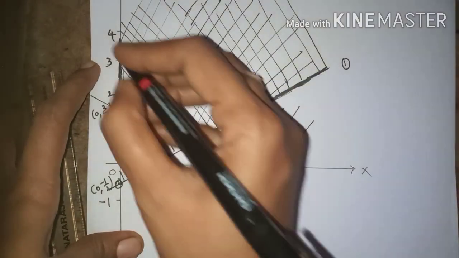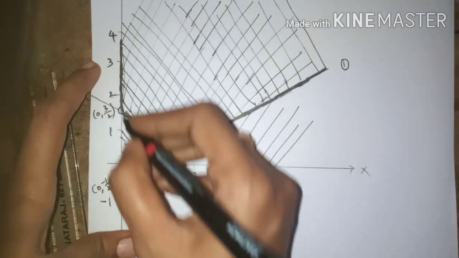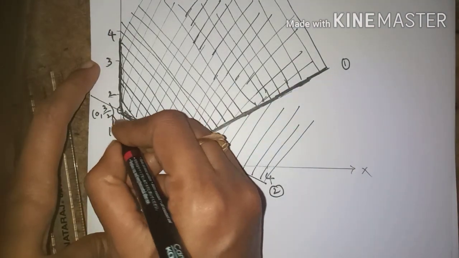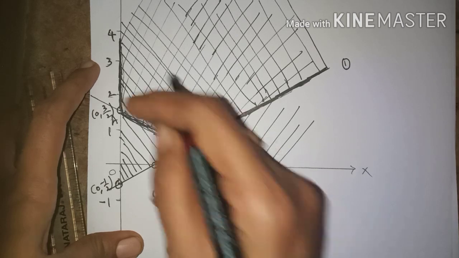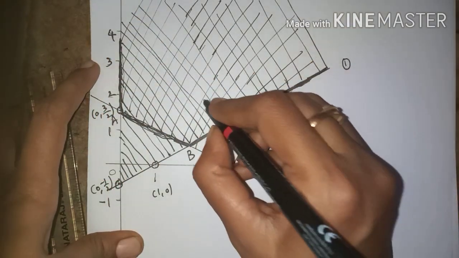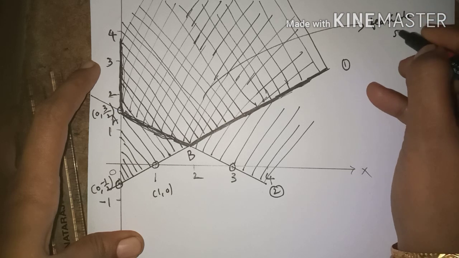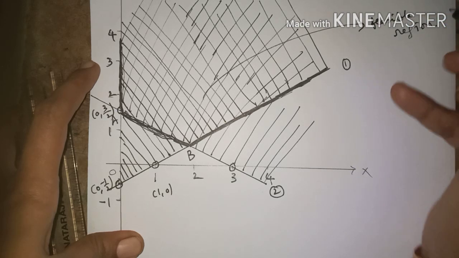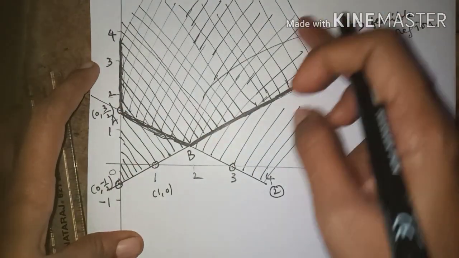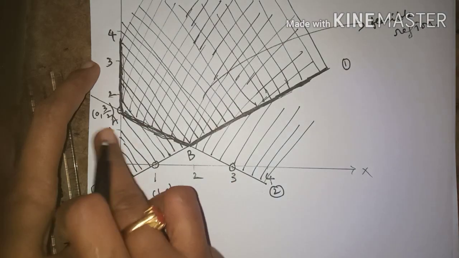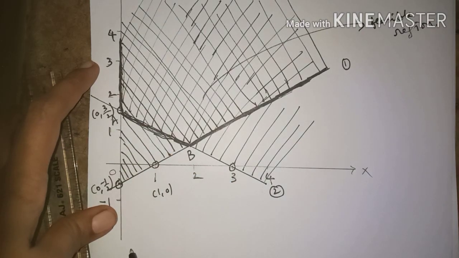Now if you see, this is A, this is B. Now this is the feasible region. This is an unbounded solution. Now the vertices of this region are A and B. Point A is (0, 3 by 2). Do you know B?